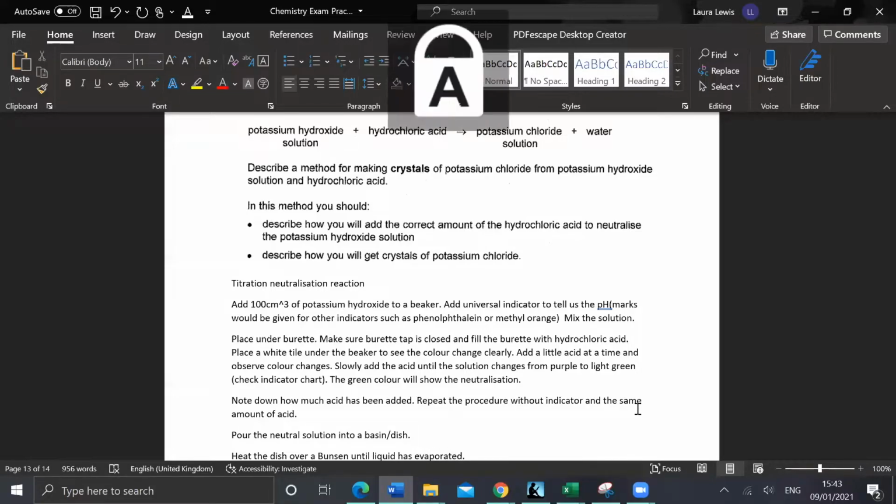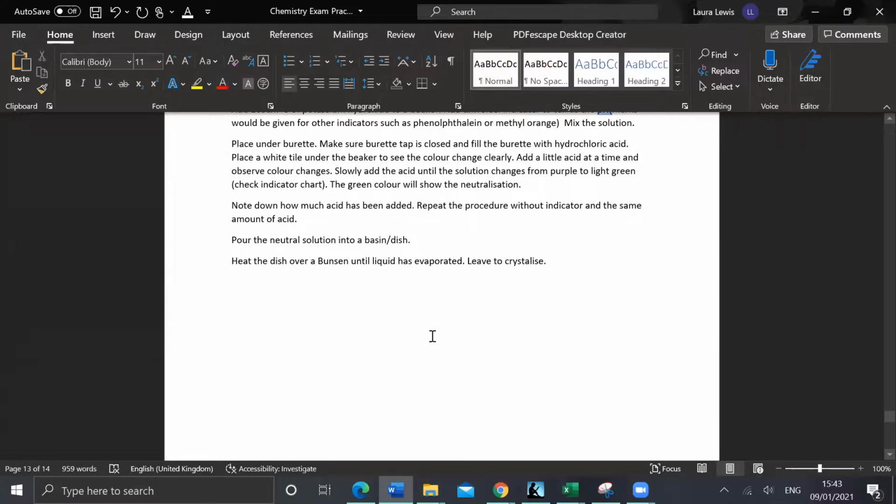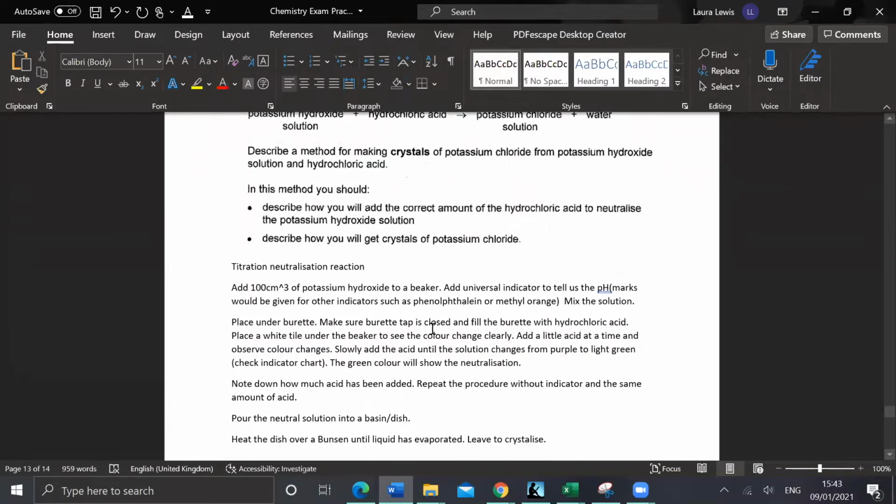Then you leave it to crystallize. It could take a few days for crystals to form. They could form quite quick, or they could take a little while. Okay, so that's our full answer for that.